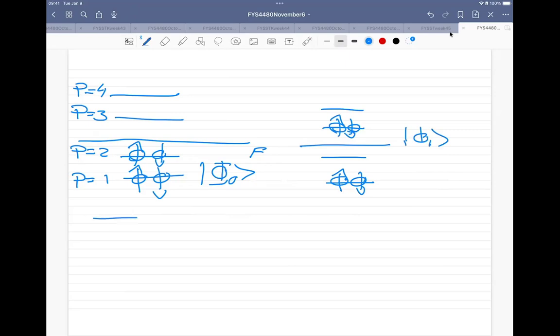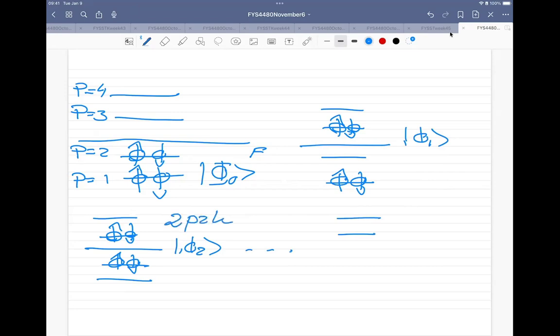Then we have 4 more ways by which we can do this. So we could now take this one and just leave it here and promote these 2 guys in the bottom up here. We could call this phi 2. And then there's going to be something in between. And the final guy, so these are all 2 particle, 2 hole states. There are 2 more.